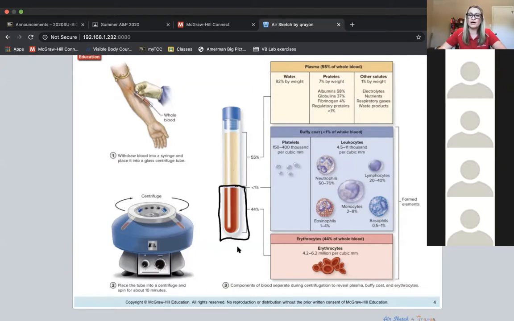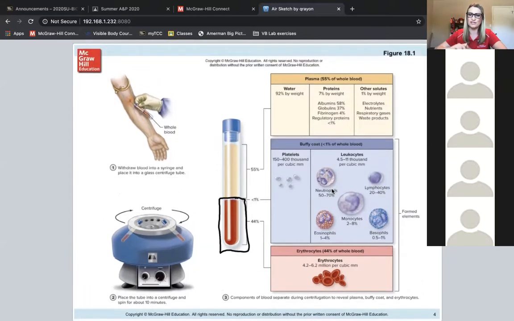Okay, the erythrocytes are red blood cells, and we call them red blood cells, but technically that is actually kind of incorrect because the erythrocytes are not really a true cell when they're in their final stage. This is because the erythrocyte in a final stage does not have any organelles inside.